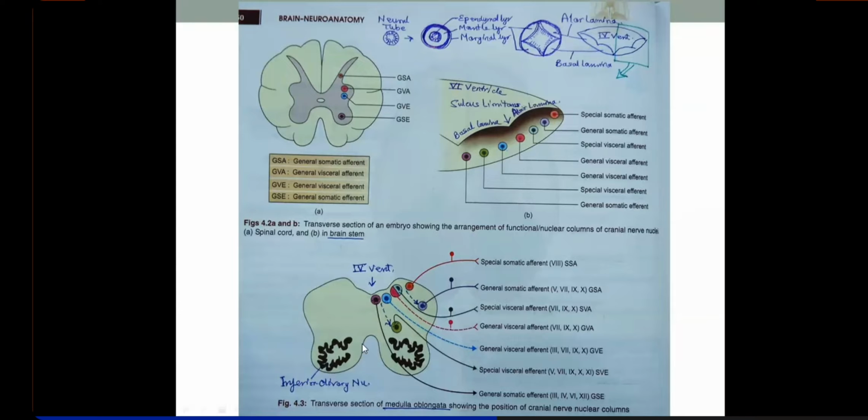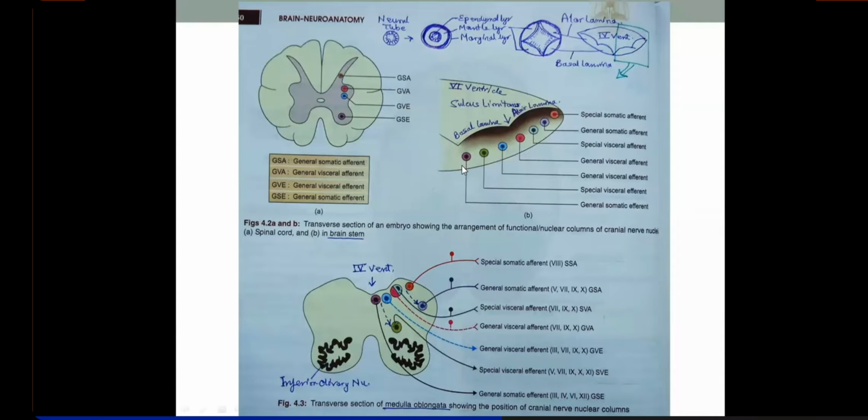But since this diagram is from the upper medulla, this will have nuclei of the 9th, 10th, 11th, 12th cranial nerves. Got it? Because from the medulla, these are the lower 4 cranial nerves that emerge. And remember which nerve was arising from the anterolateral sulcus of the medulla? It was the hypoglossal, the 12th one, which will be medial according to the orientation of the functional columns. It's a general somatic efferent, 12th cranial nerve, right? So it will be more medial.